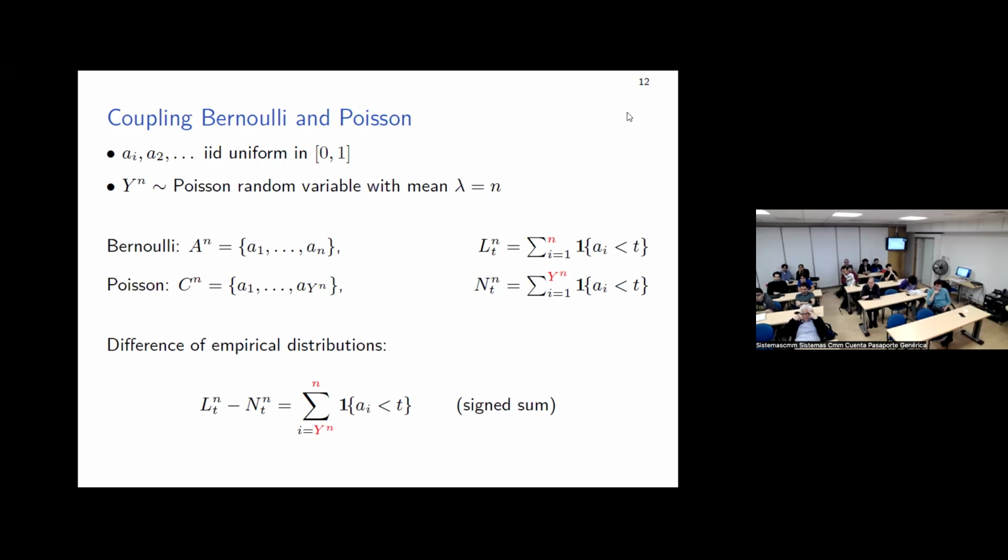And here you have the empirical measure for the Bernoulli and the empirical measure for the Poisson. The difference is the number of the A_i, with i going from N to Y_N, that would be a signed sum. Okay? This is very difficult.